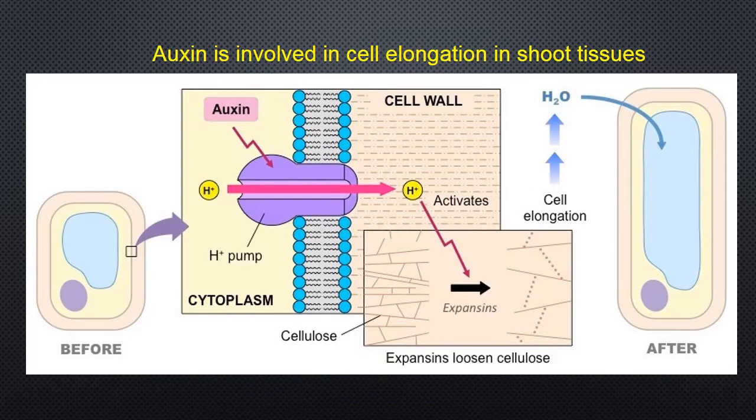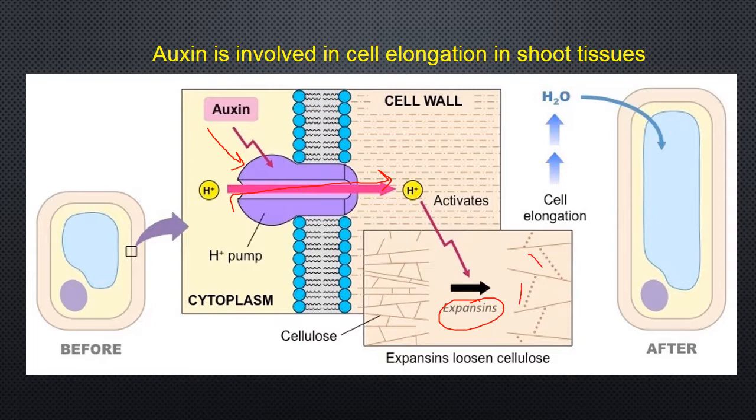But here's something else that auxin is involved in that will become a little more important later as we go into tropisms, and that is cell elongation in the shoot tissues. So if we look at our image here, auxin will stimulate a proton pump, and when it does so, the protons are excreted to the cell wall, and a high level of protons then causes what we call expansins, which are other proteins, to become active and loosen the ties that bind the cellulose together in a cell wall.